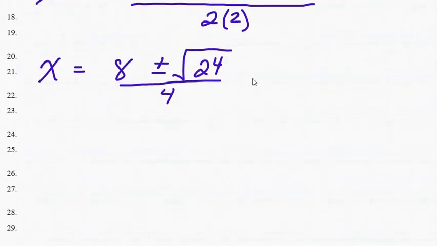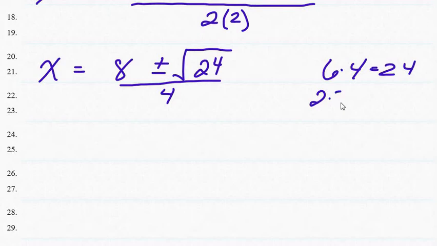Now, is there a perfect square hiding in here? Well, let's think about this. We know that 6 times 4 is 24, and 6 can be broken down to 2 times 3. So we have 2 times 3 times 2 squared. Do we have a perfect square? We've only got one perfect square in here, 2 squared.